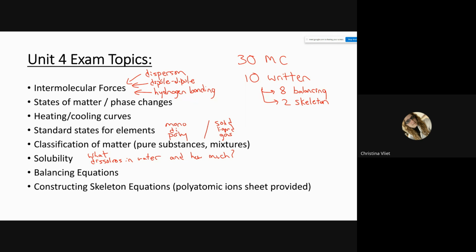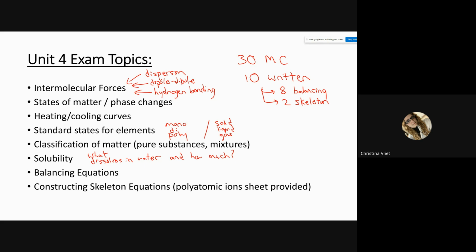So remember, if it's an element, you have to get the standard state. If it's a compound, you have to figure it out from the formula like we did last week. You just don't know the states of matter.